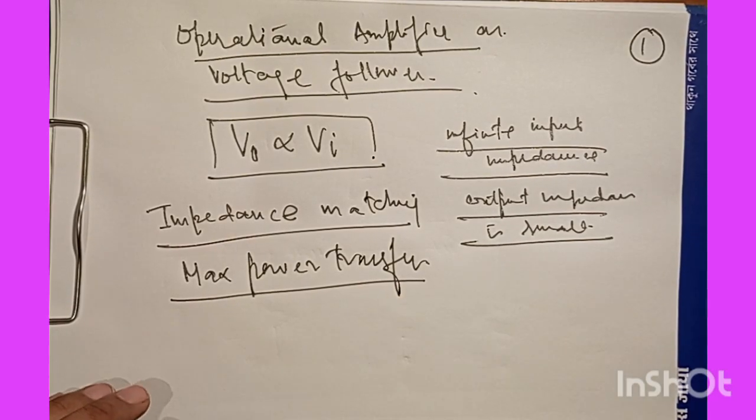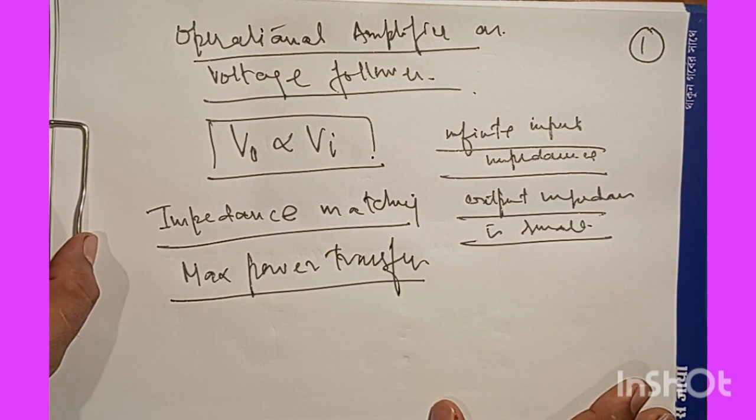So to go into the details of making use of operational amplifier as a voltage follower, we have to draw its circuit.